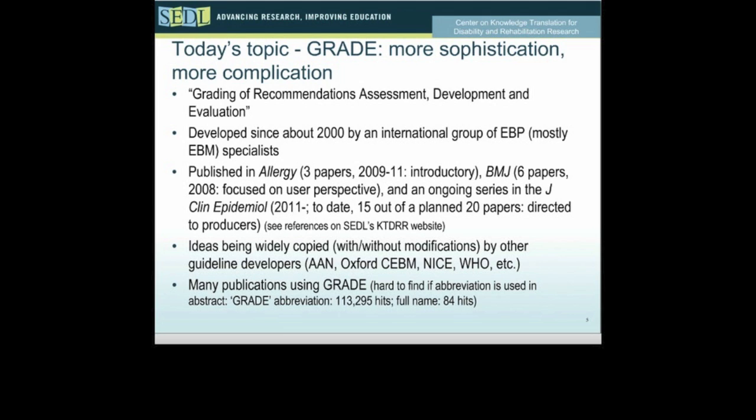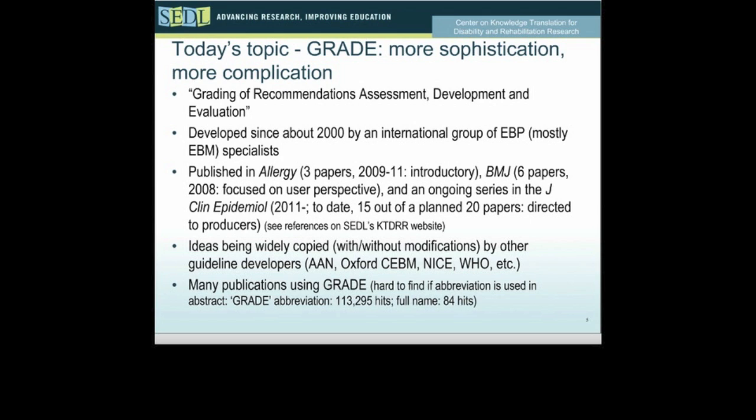For instance, AAN, Oxford, NICE, which is in the British socialized health system, the branch that looks at evidence for various things, and even the World Health Organization is using a modified version of GRADE.